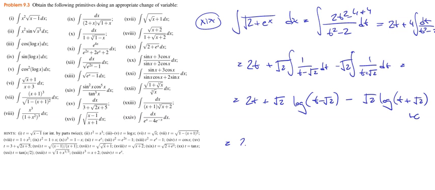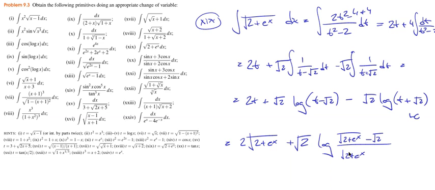And then t was the square root of 2 plus e to the x, so you have 2 times the square root of 2 plus e to the x, plus the square root of 2 times the logarithm of the square root of 2 plus e to the x minus the square root of 2, divided by the square root of 2 plus e to the x plus the square root of 2. Okay? Plus c. Okay?